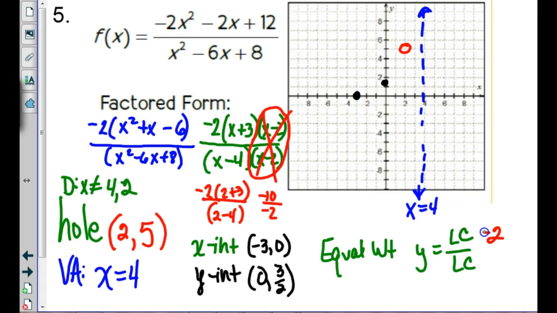The leading coefficient of the bottom is 1. The deal, Tara, is if you put in a huge number, all this wouldn't matter, and this would divide out the huge number part, like 1,000 squared would be 1,000,000. You'd have negative 2 million over 1 million, so you'd just get negative 2. All right. That's why that works.